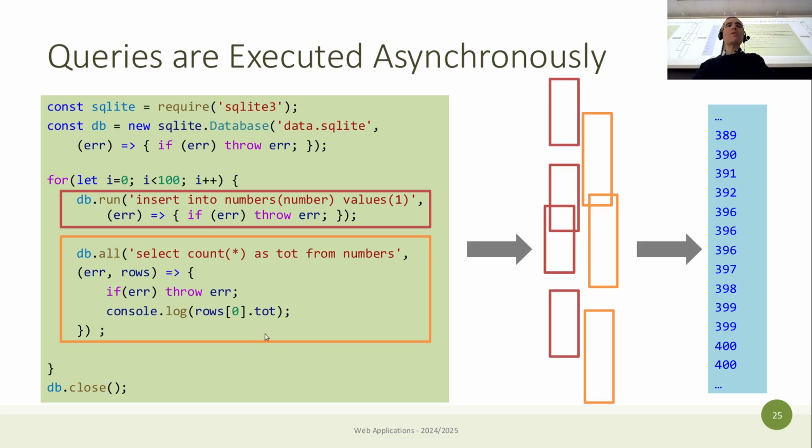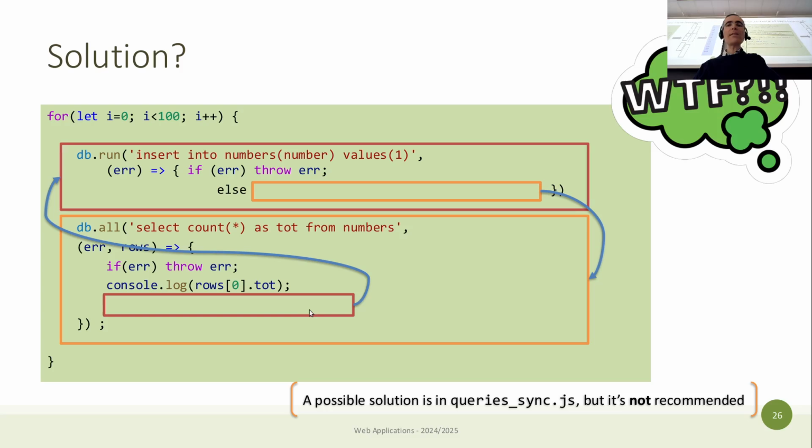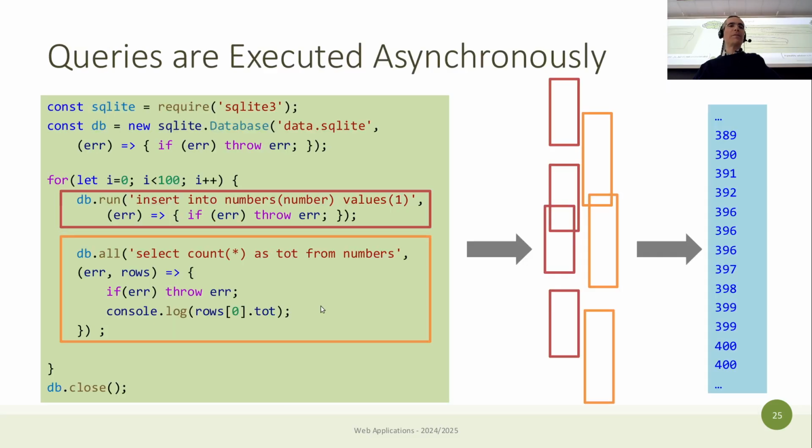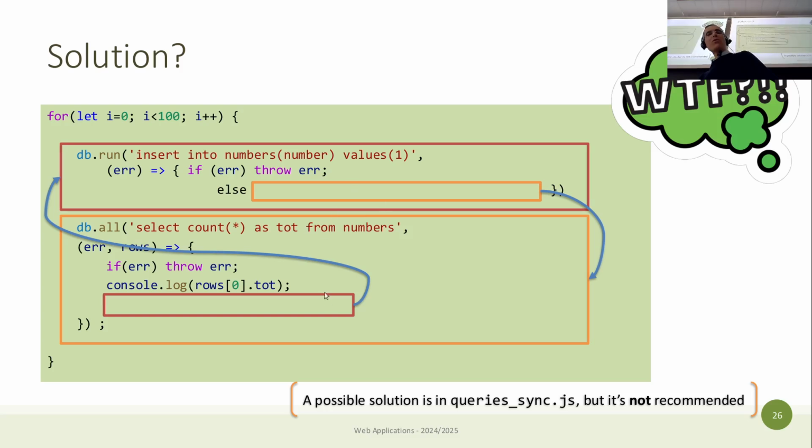So how can we fix a situation like this? Well, it's difficult. In the previous case, we fixed it by putting the code that needs to be executed later inside the callback. The console log, the for, was inside the callback. But here we need to have more things, so we should put one code inside the other one, and you cannot do it.